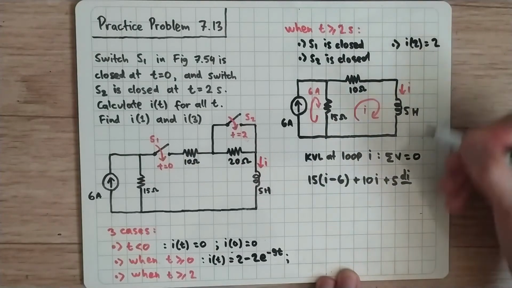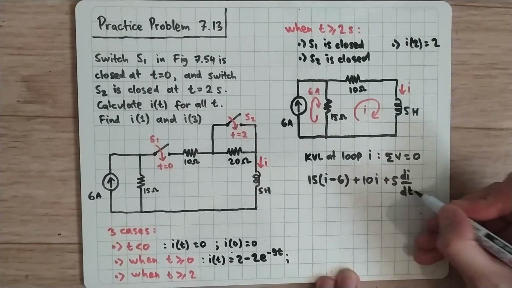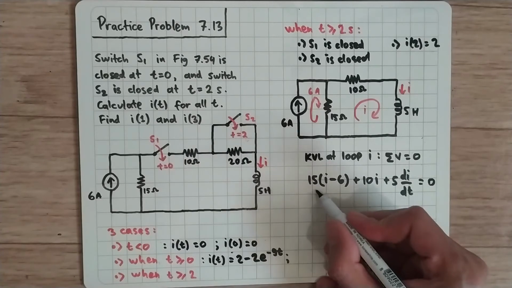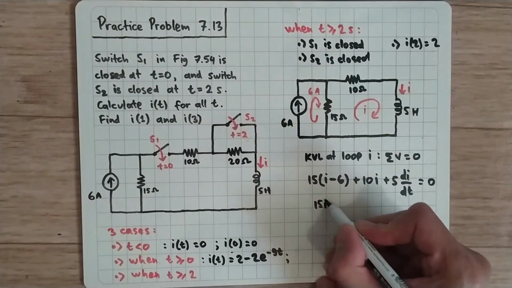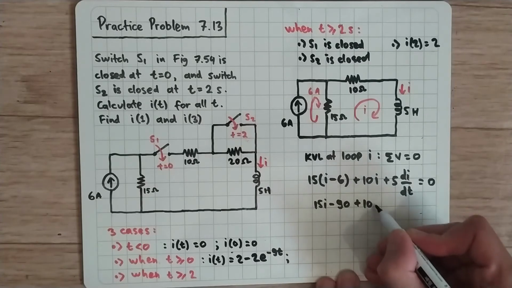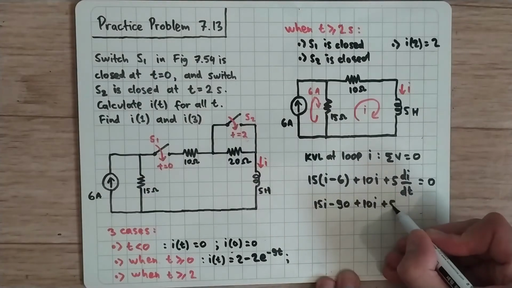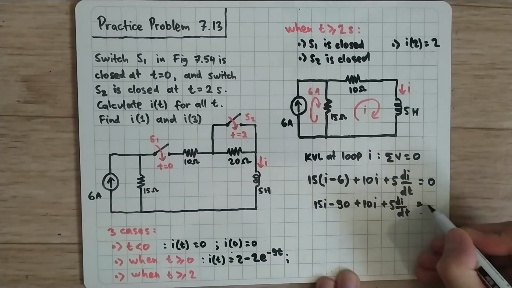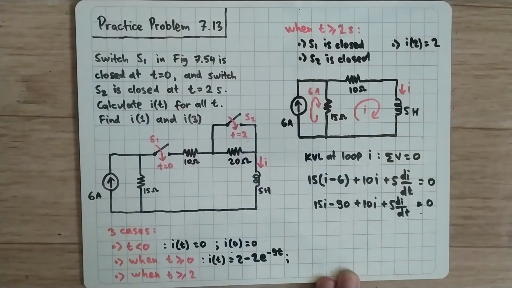Remember that the voltage through an inductor is L di dt. So I will have this equation here. Let's simplify this a bit. So I will have 15I minus 60 plus 10I plus 5 di dt, right? So that will equal 0.